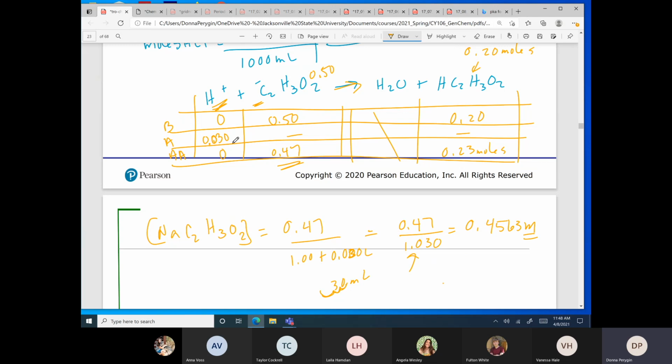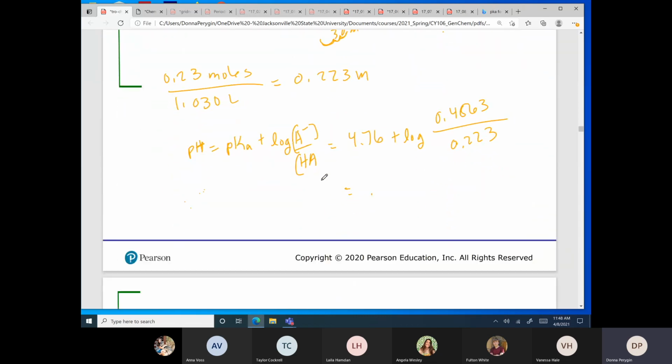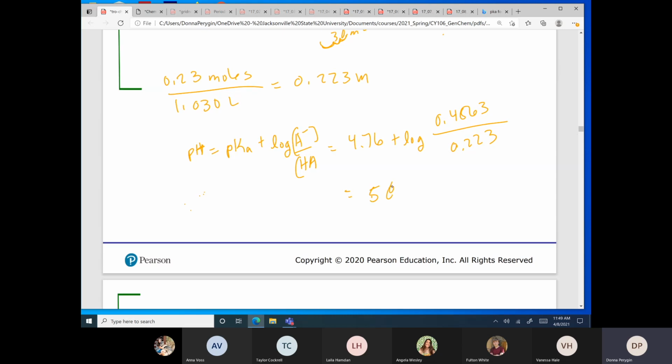So adding that, subtracting that, should be right. 0.4563 divided by 0.223 plus 4.76 log 5.07. So that's not right.